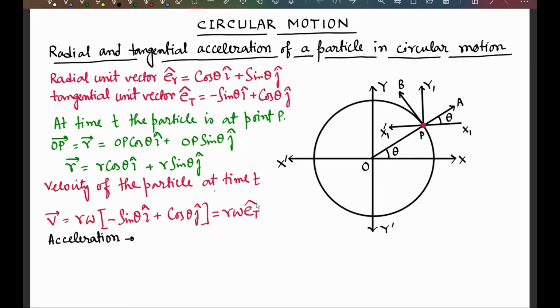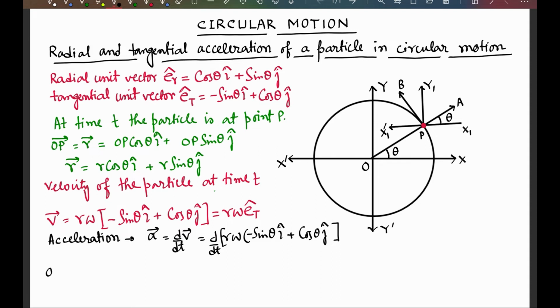Next, we want to calculate the acceleration of the particle. Here the acceleration a is d/dt of velocity. Therefore, this is d/dt of r omega times minus sine theta i cap plus cos theta j cap.